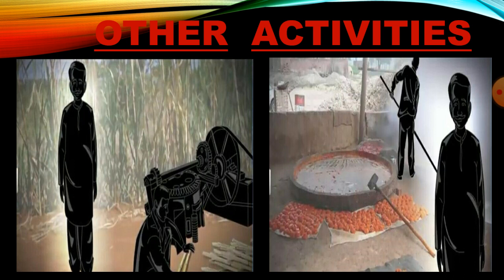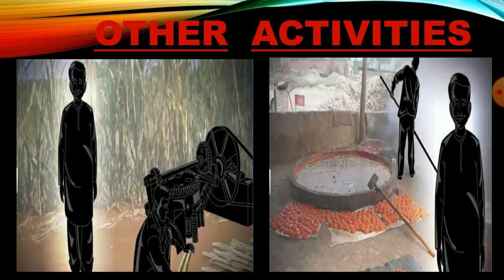Now the next is the other activities. Other activities, what are those? Like it is Mishri Lal. Mishri Lal has purchased a mechanical sugarcane crushing machine that runs on electricity and has set it up on his field. Sugarcane crushing was earlier done with the help of bullocks, but people prefer to do it by machines these days.